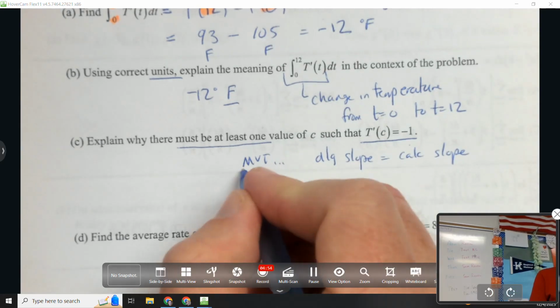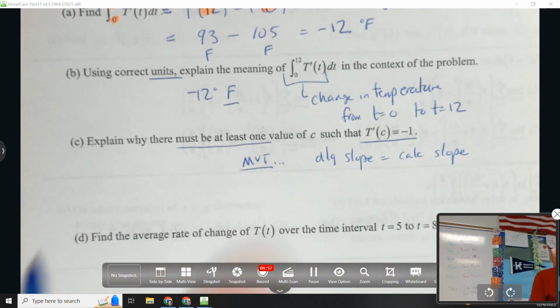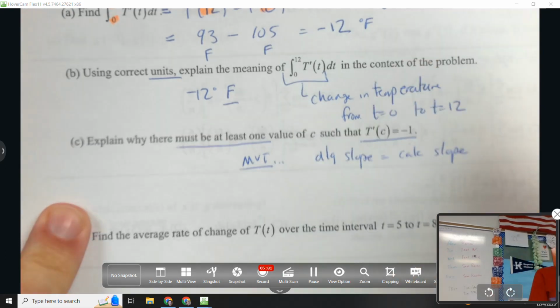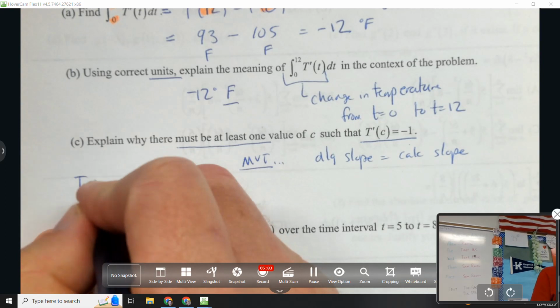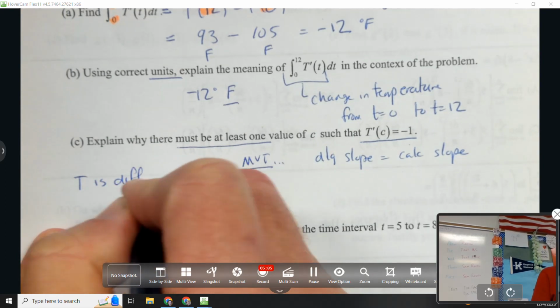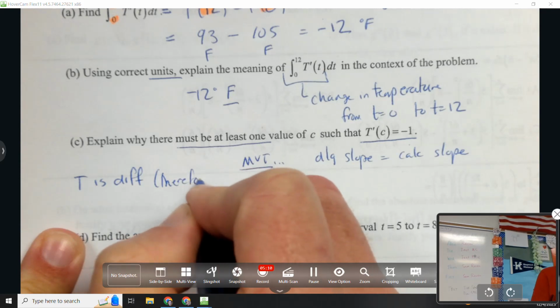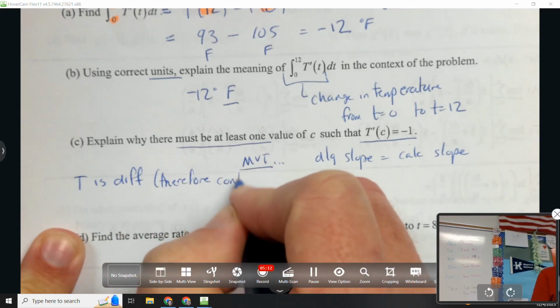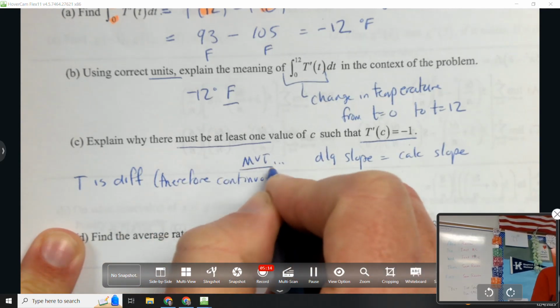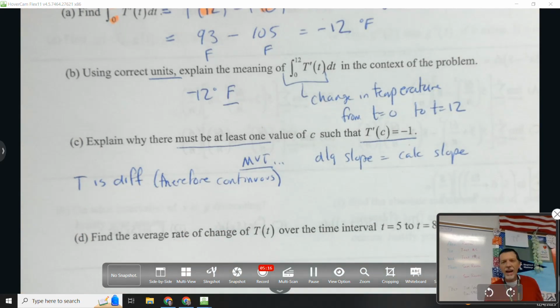Now, to use mean value theorem, the function has to be continuous and differentiable. But it tells us it's differentiable. So t is differentiable and therefore continuous. So MVT applies.